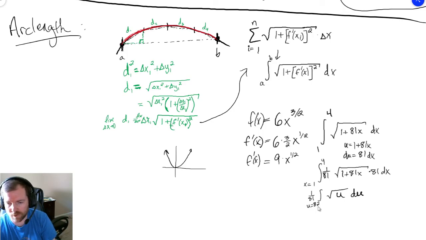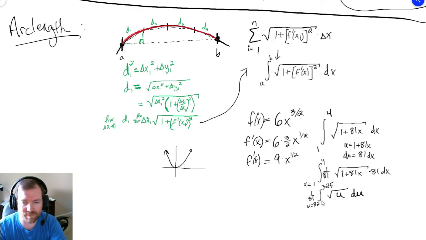So u goes from 82 up to 4 times 81, which is 324, plus 1 is 325. Doesn't seem that much easier, possibly isn't, but again, it's good enough. And if your calculator's doing most of the work, it doesn't really matter all that much either. So this is going to be arc length, probably just L.